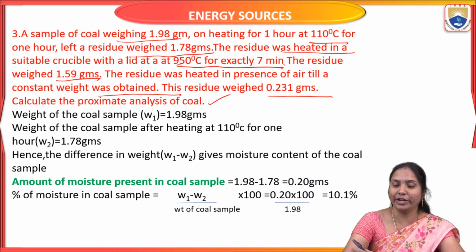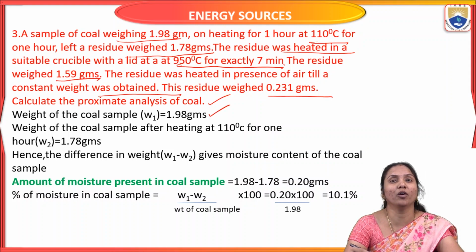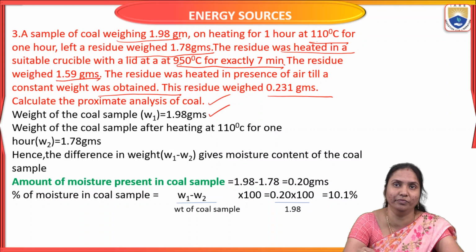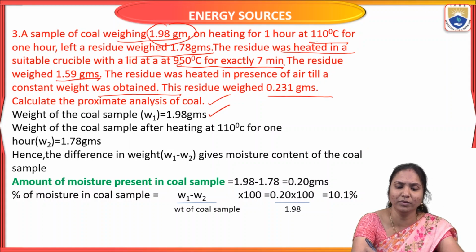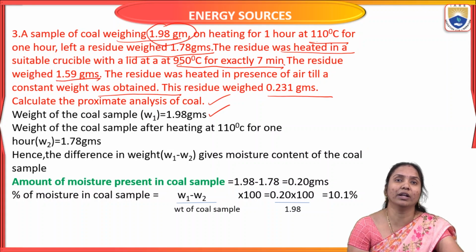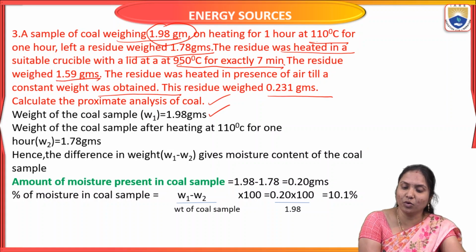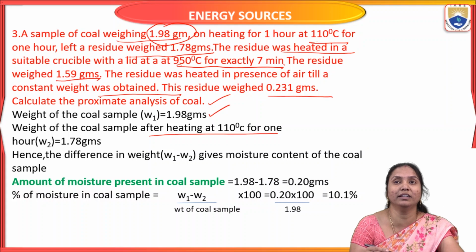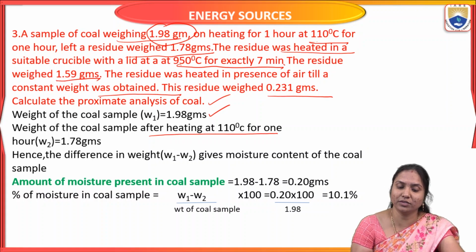Here, the weight of the coal sample is 1.98 grams, as given in this problem. The weight of the coal sample after heating at 110 degrees centigrade for 1 hour, we can observe again.